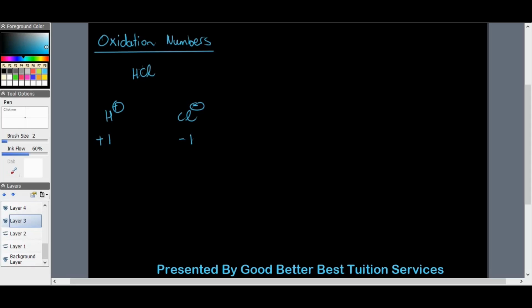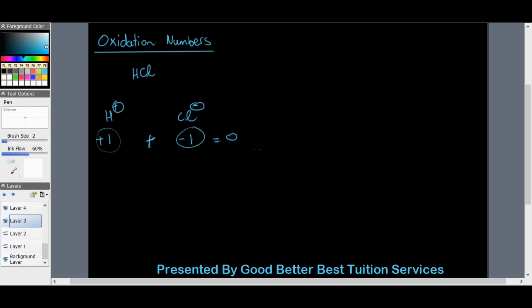Okay, now HCl, when it is written as a molecule, we don't see any number appearing here. All right, no, we don't. Okay, so the oxidation numbers for this molecule must add up to 0. And I can see that happening, because if hydrogen has a value of +1 and I add it with -1, what do I get?